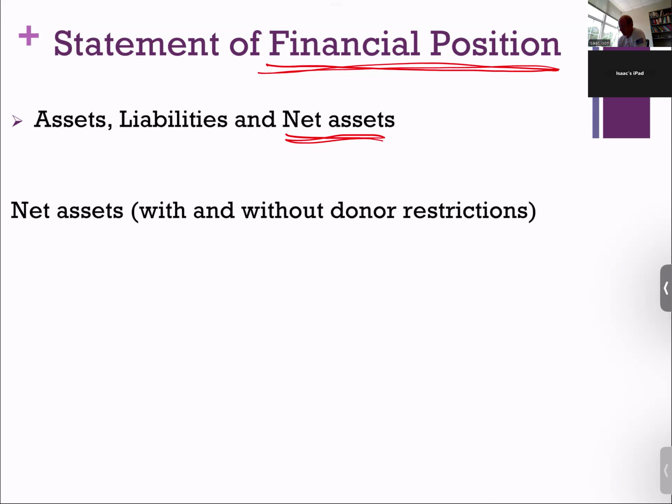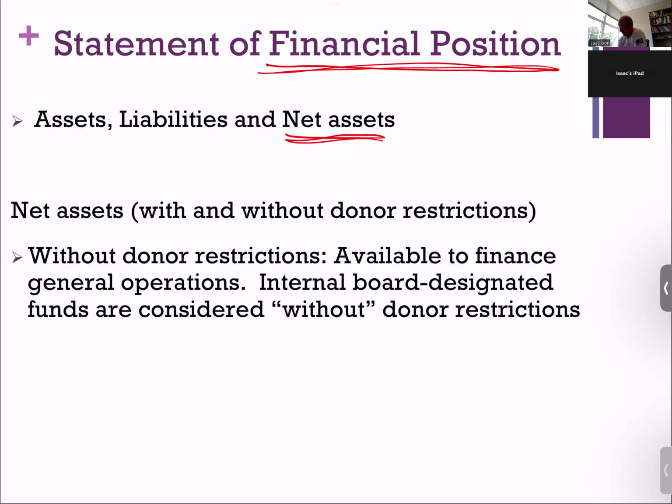And then your net assets are divided into two more categories, those with donor restrictions and those without donor restrictions, right? Because that's important, especially with large donations or more sophisticated donors. They're going to place restrictions on their donations, and therefore an entity needs to distinguish between assets that they can spend however they want, and assets that have to be spent for a particular purpose.